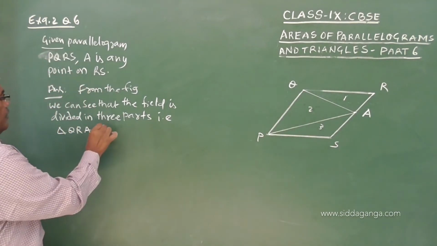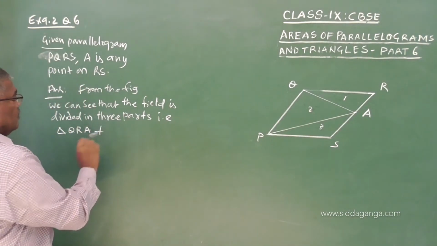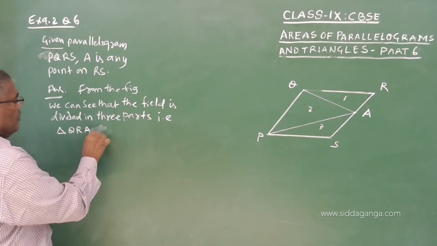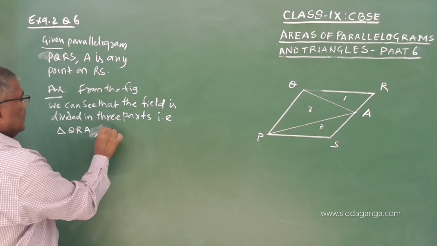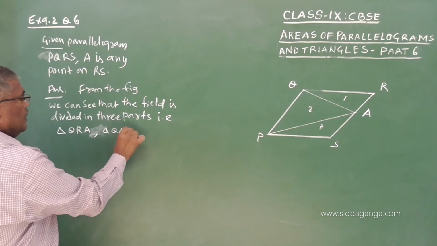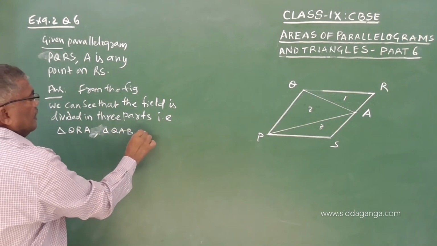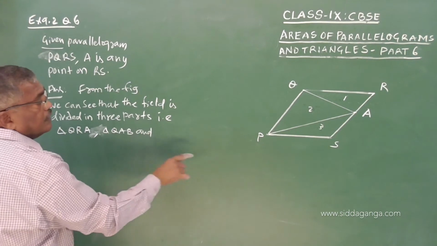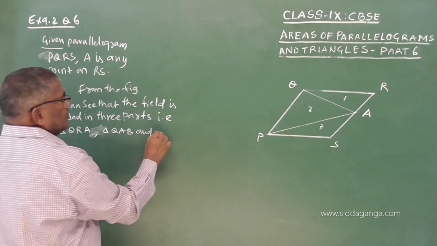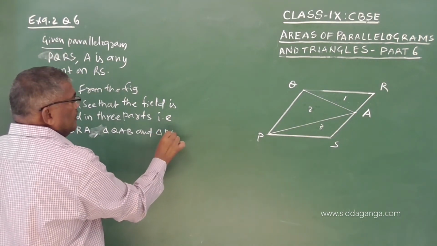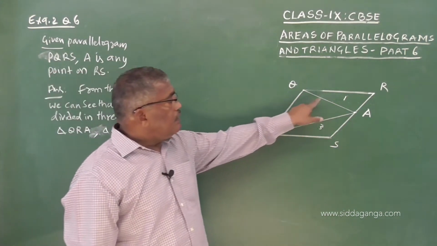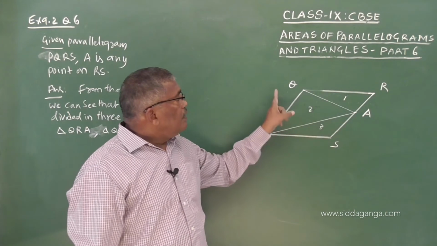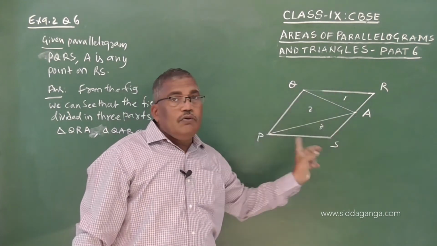So, QRA, comma, triangle QAP, and triangle PAS. We know that the sum of these three triangles is equal to the area of PQRS.